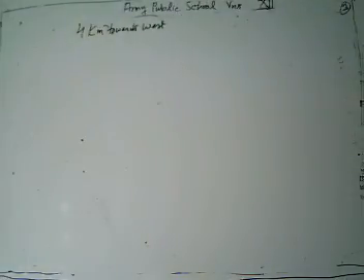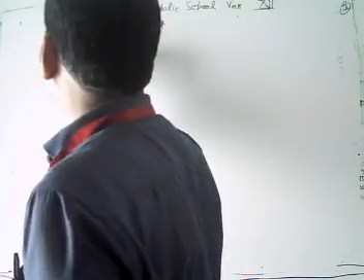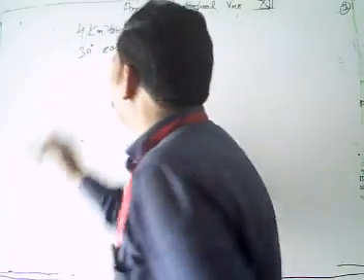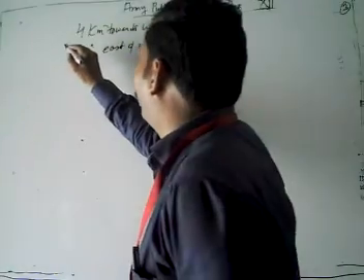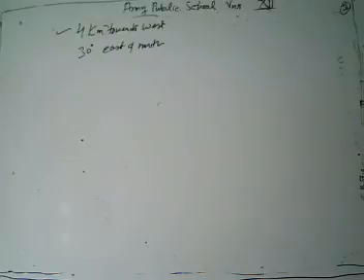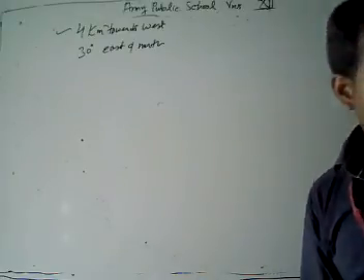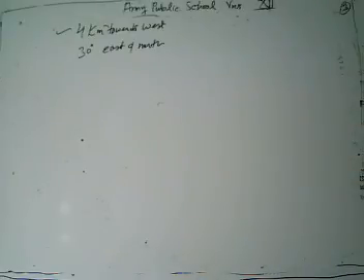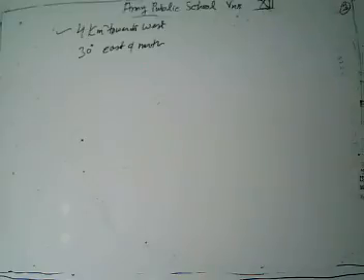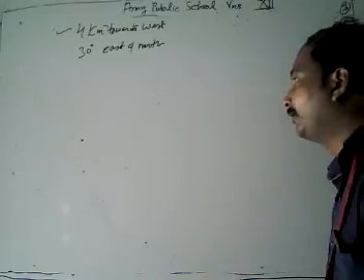Then she walks 3 kilometers in the direction of 30 degrees east of north. First, the girl walks 4 kilometers towards west. Then from there she moves 30 degrees to the east of north, and then stops. Determine the displacement from her initial point of departure. Now we have to find the girl's displacement.